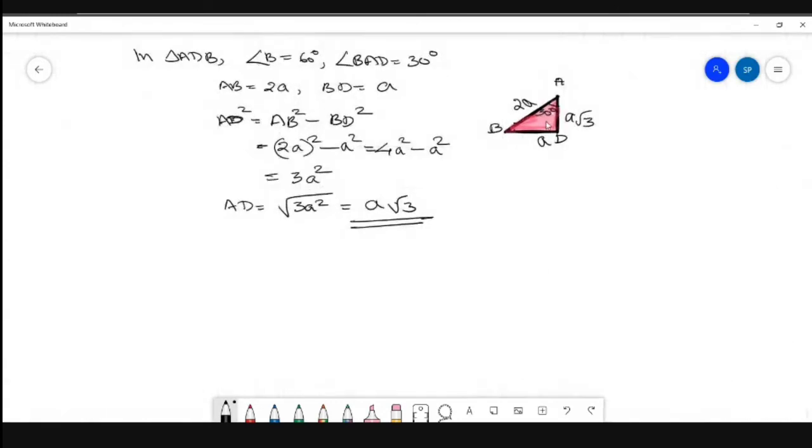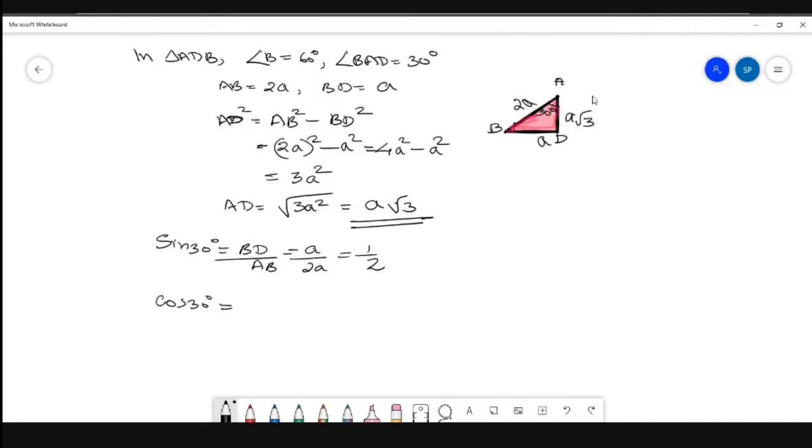Now we can say sine 30 is opposite side by hypotenuse, BD by AB. So here sine 30 equal to opposite side BD divided by hypotenuse AB, that is A by 2A, that is equal to 1 by 2, and cos 30 equal to, with respect to 30, its adjacent side AD by AB.